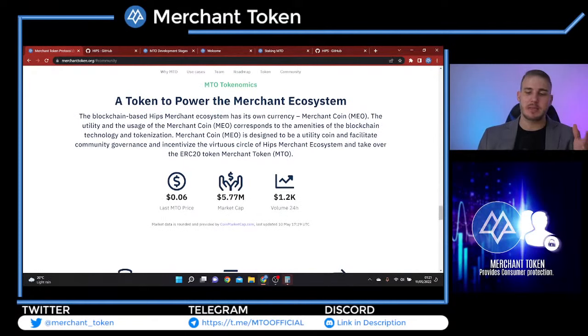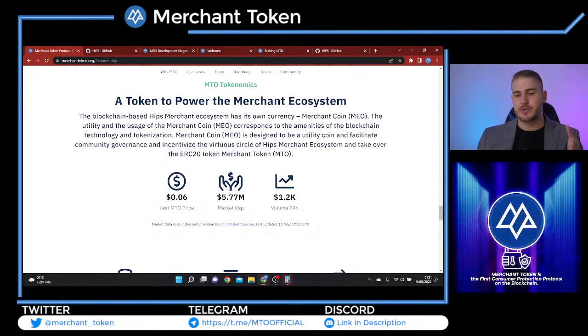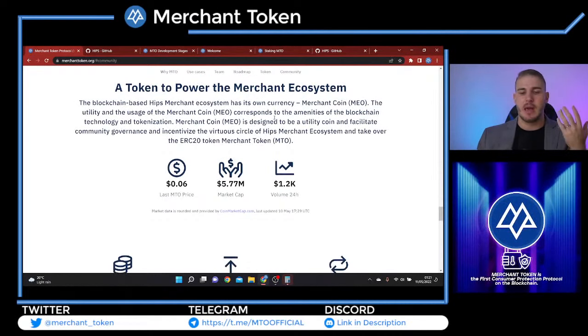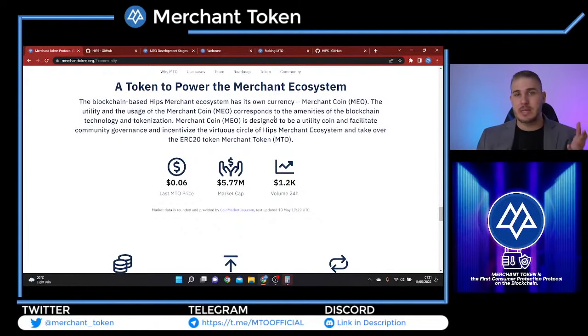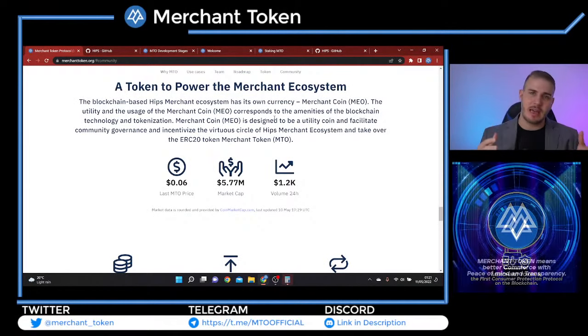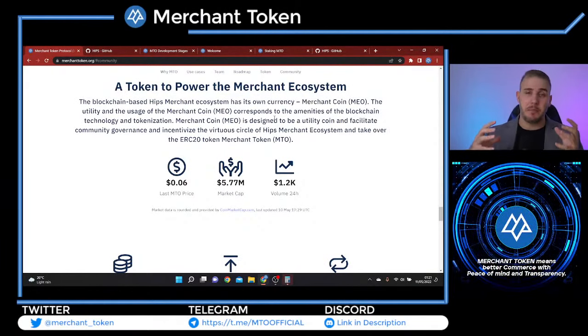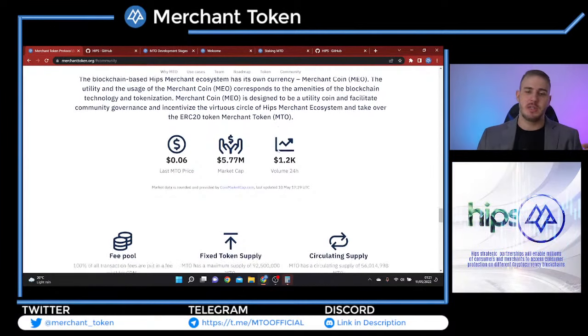For the tokenomics, you already know what they are, but just to remind you, we are using the merchant token, which is MTO, an ERC20 token that lives on the Ethereum network and is basically a wrapped version of MEO, which is not yet available, but will be available once we launch the blockchain.